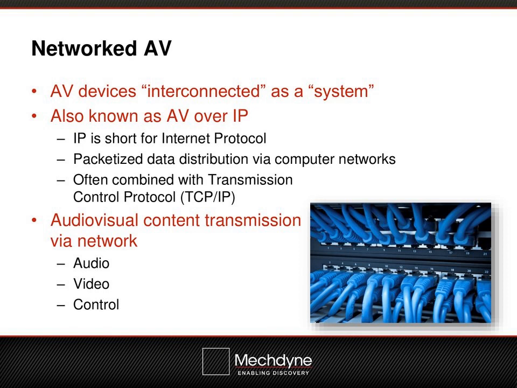It's basically packetized data distribution via computer networks. You might see it combined with the term Transmission Control Protocol, or TCP, so those often go together as TCP/IP. It's audiovisual content transmission via network cables that you're very familiar with from the computers you use every day. And it can be audio, video, or control, or in many cases, all of the above.